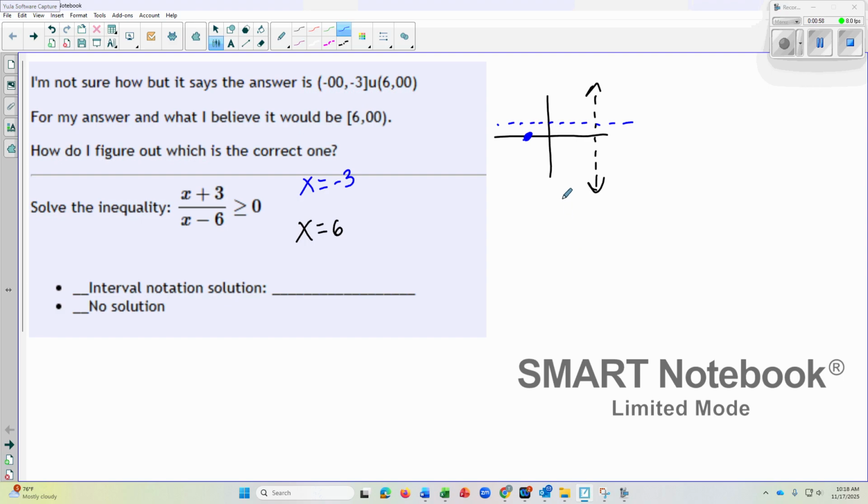I don't know exactly what it looks like, but it's probably something up here and then something down here. See what happens at the asymptote at x equals 6: there's a sign change. Y goes from being negative to being positive.